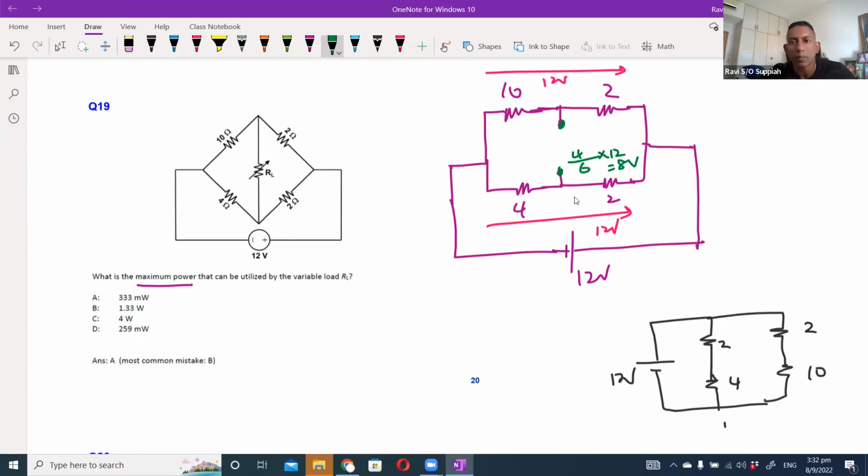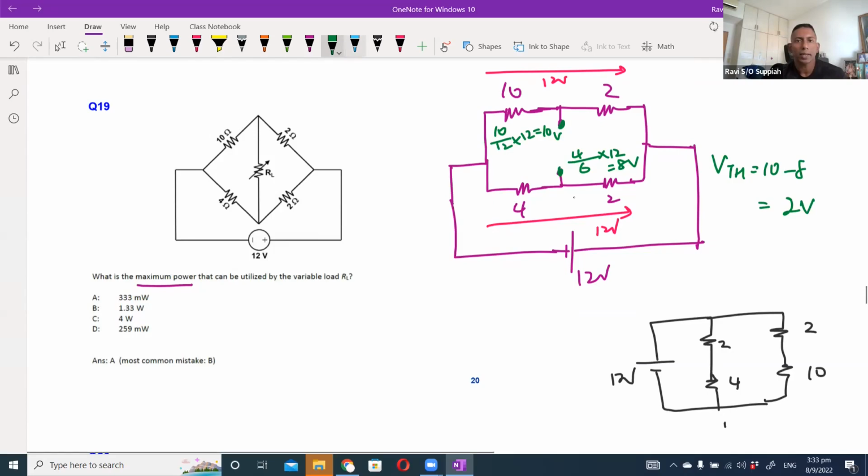At the top it will be 10 over 12 times 12, which is 10 volts. So VTH is 10 minus 8, which is 2 volts. That is the open circuit voltage across the load.